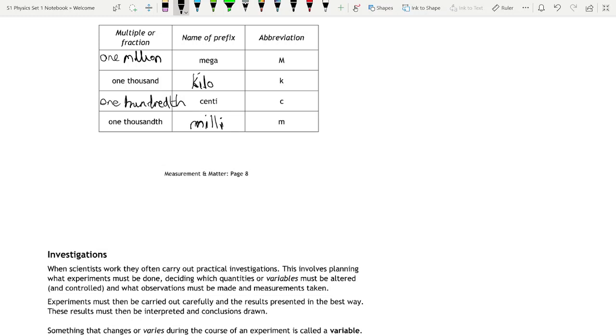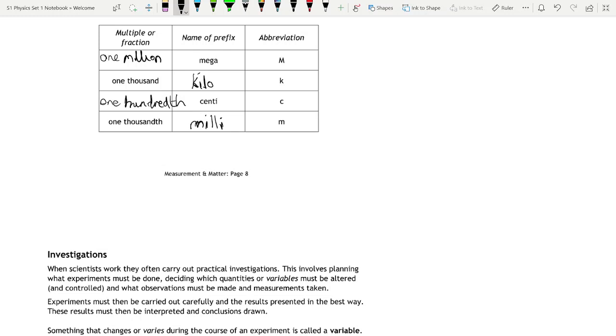Right. Okay. So we're going to move on a little bit and we're going to talk about variables. When we do experiments, which we're going to do in a second, we have to think about variables. So variables are things that vary, things that change within your experiments.